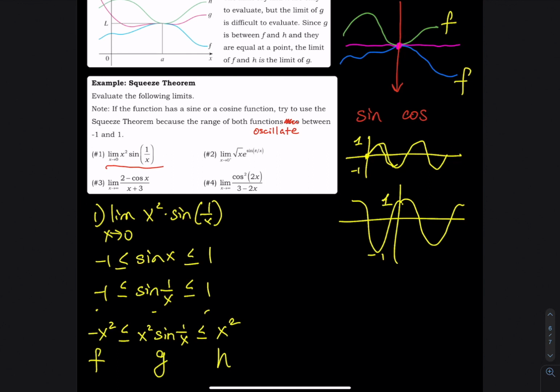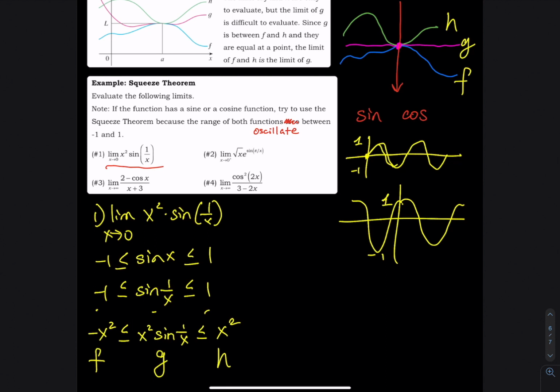Oh, okay, I was right in the problem. This is supposed to be h. This is supposed to be g. So f and h, they are the toast, one on top, one on the bottom, and then g is the beef. The beef, the lettuce, the tomato you put in the middle.